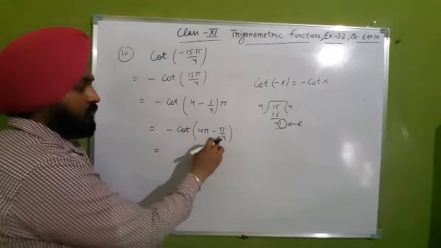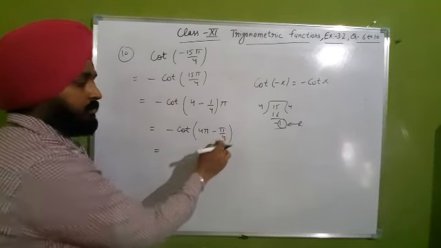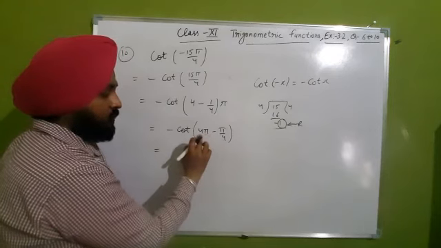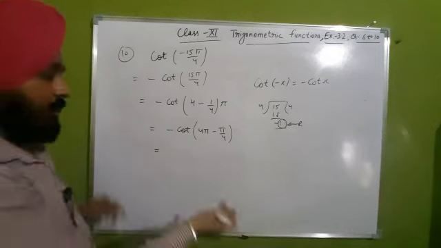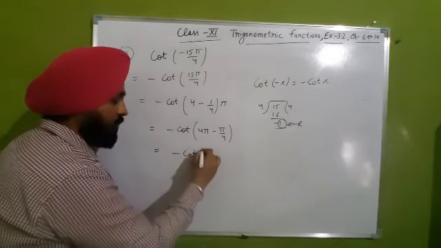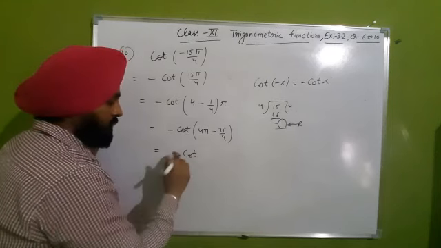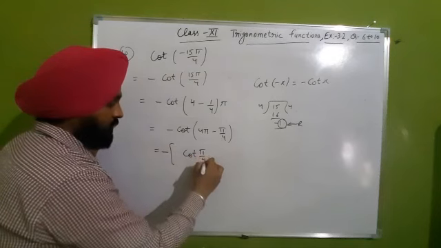Cot of 4 into pi minus pi by 4. Since 4 is under multiplication with pi, cot will not change into tan. So cot will remain cot there. So negative cot pi by 4 will be there.